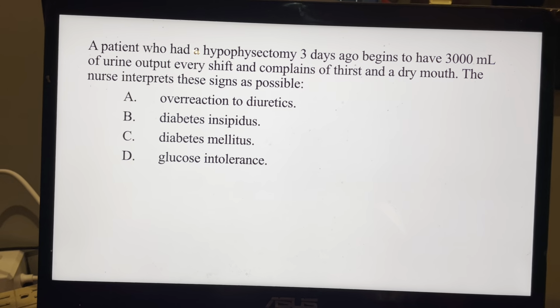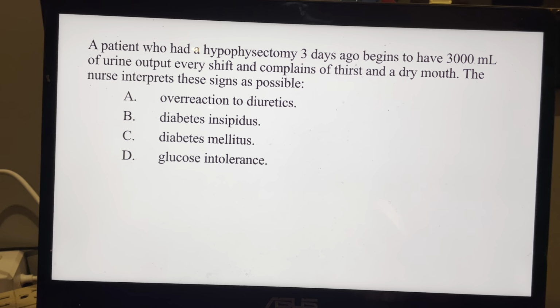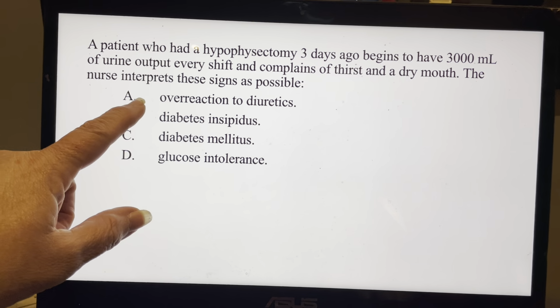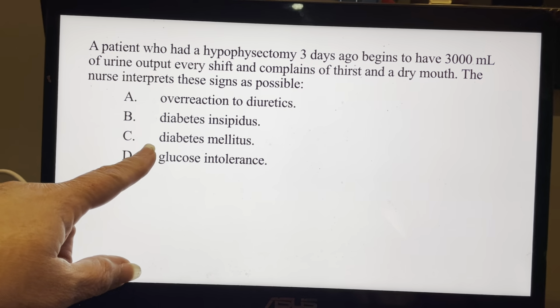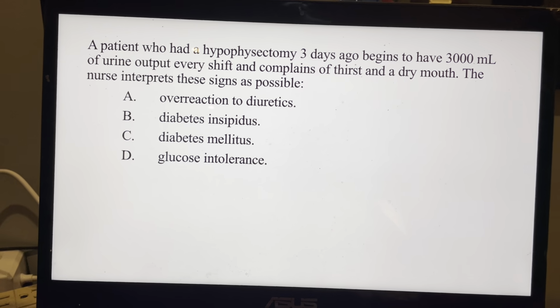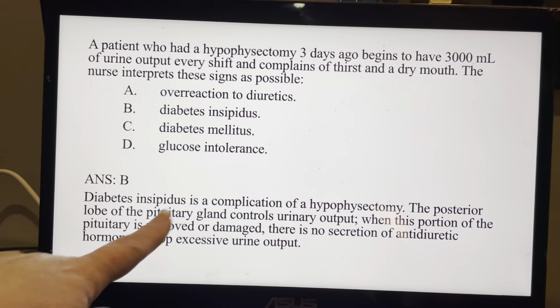A patient who had a hypophysectomy 3 days ago begins to have 3,000 milliliters of urine output every shift and complains of thirst and dry mouth. The nurse interprets these signs as a possible what? Overreaction to diuretics, diabetes insipidus, diabetes mellitus, glucose intolerance. You know. Yeah, diabetes insipidus.